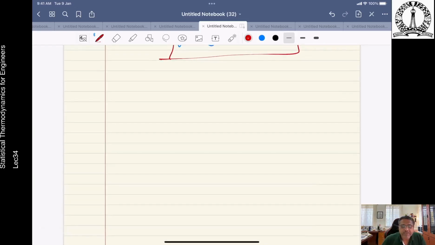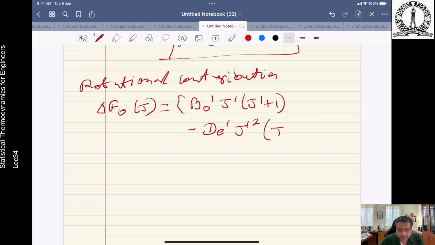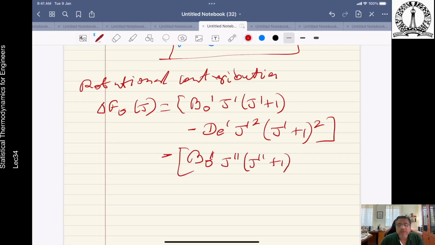But before we draw the diagram, we can write down the rotational contribution as delta F_J equal to B prime J prime (J prime plus 1) minus D prime J prime squared (J prime plus 1) squared, minus B double prime J double prime (J double prime plus 1) plus D double prime J double prime squared (J double prime plus 1) squared.